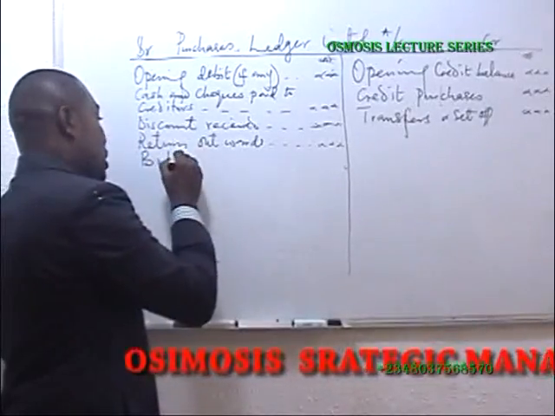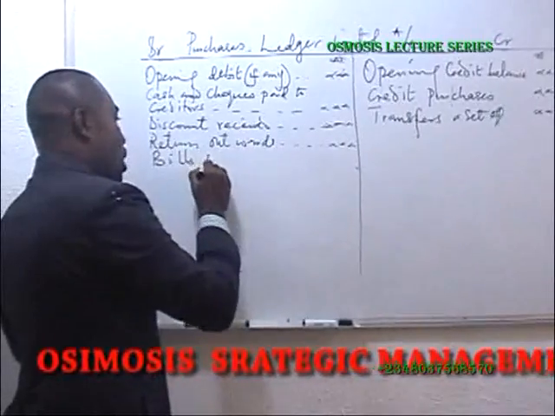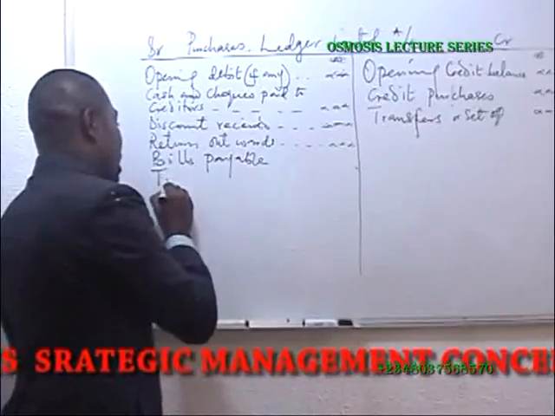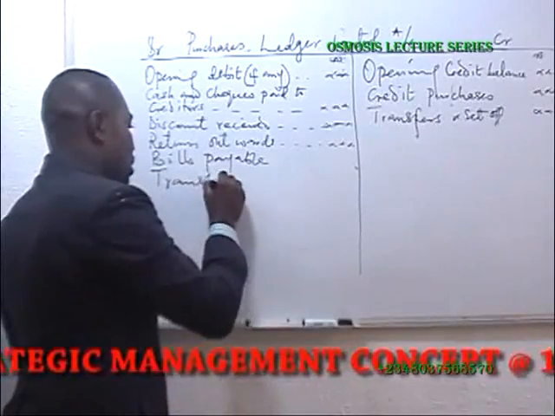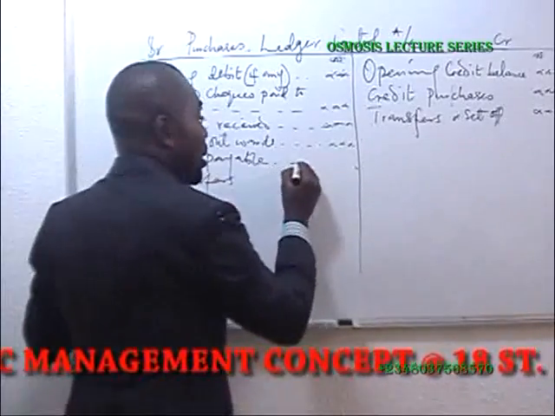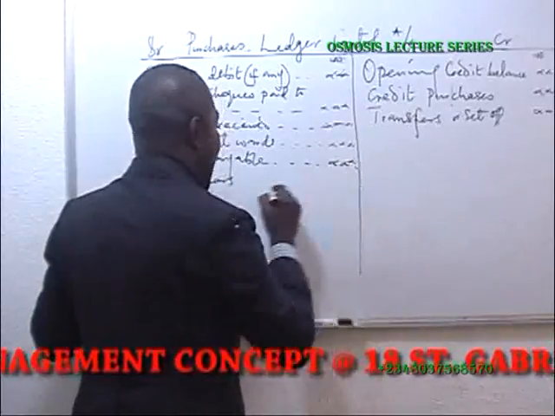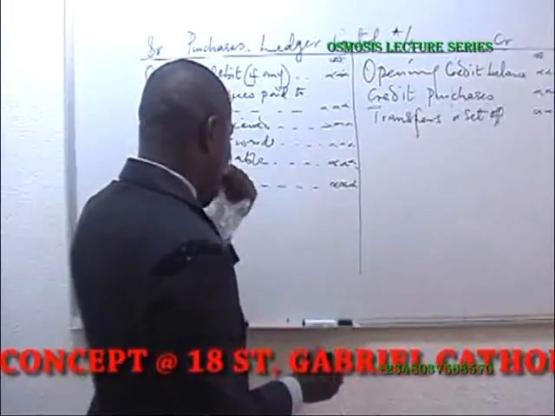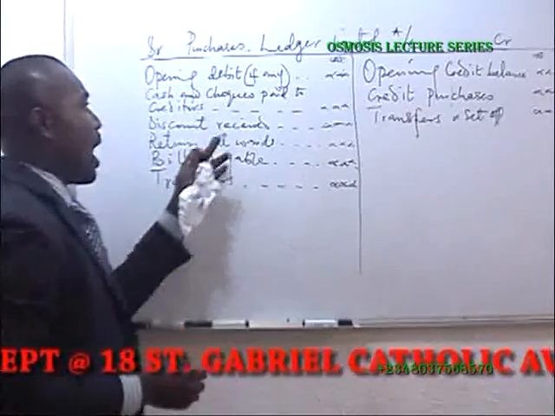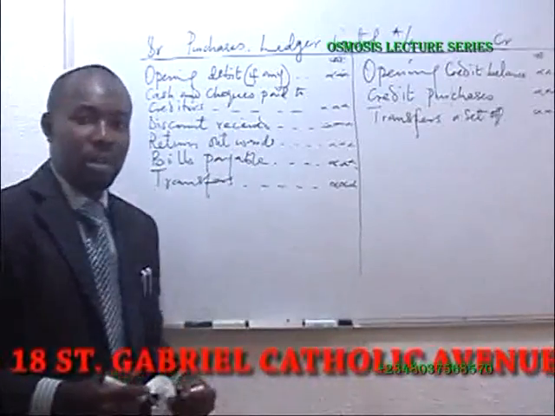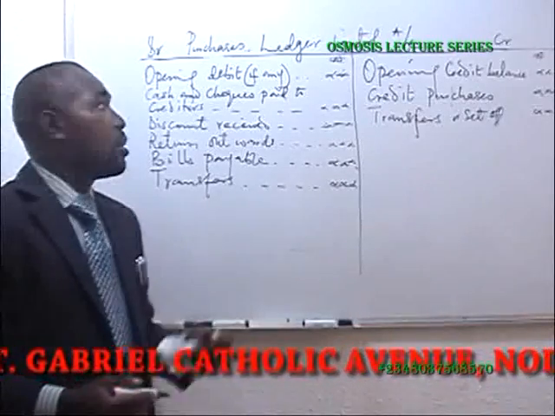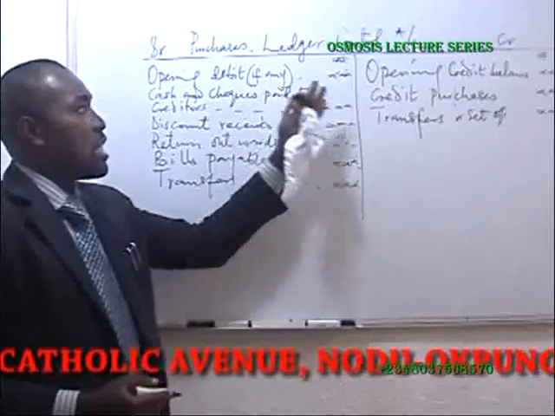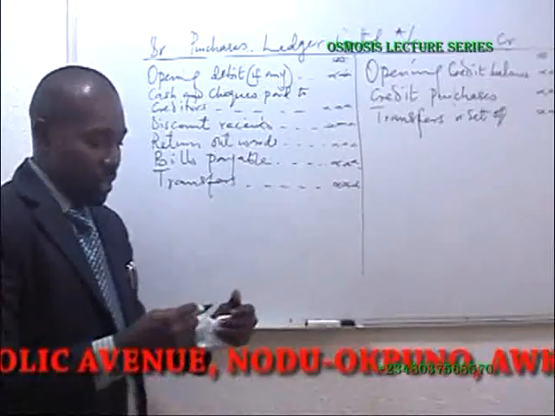The other side will say bills receivable. Bills what? Payable. And transfers. There are other items that may appear there as they arise. We'll look at them and know where they are supposed to be and put them there. So these are the items we can see on both the debit and the credit side of the purchases ledger control account. These are their contents.